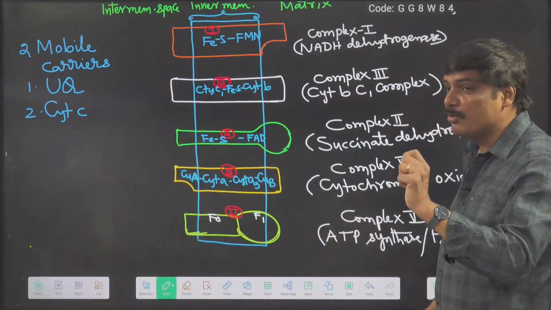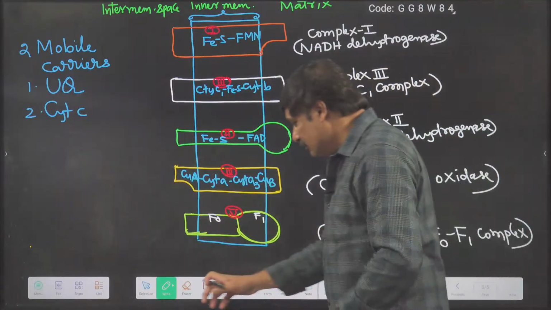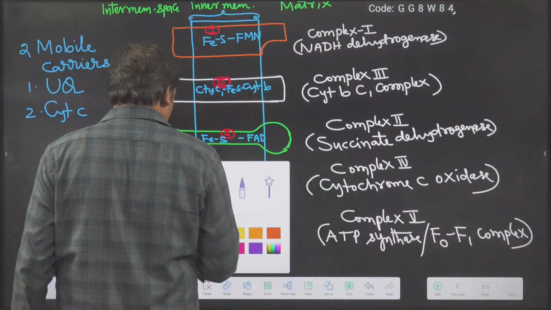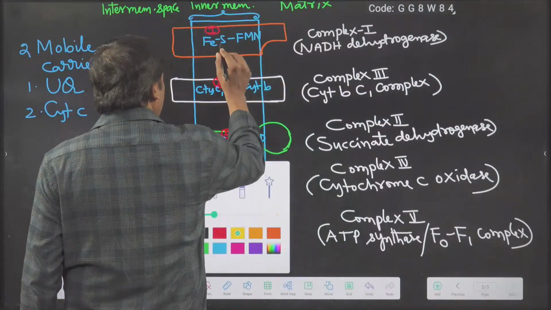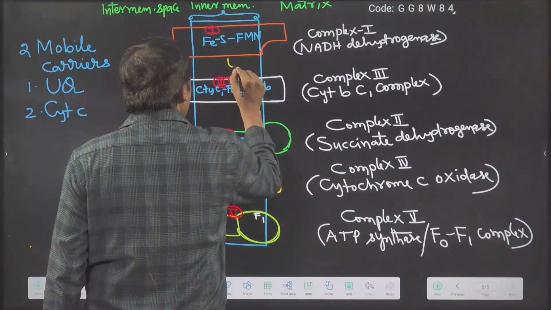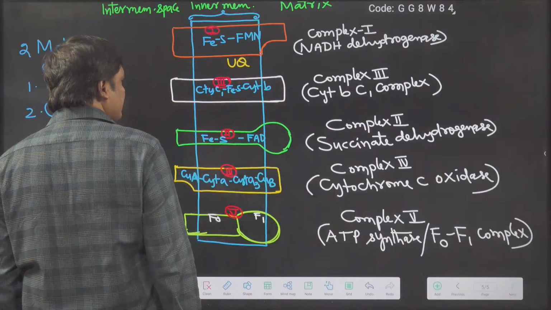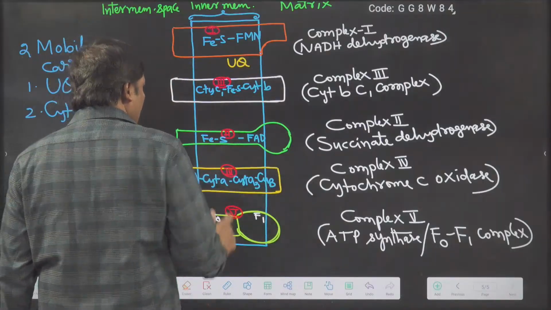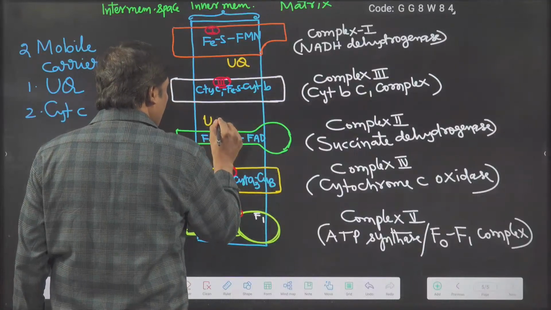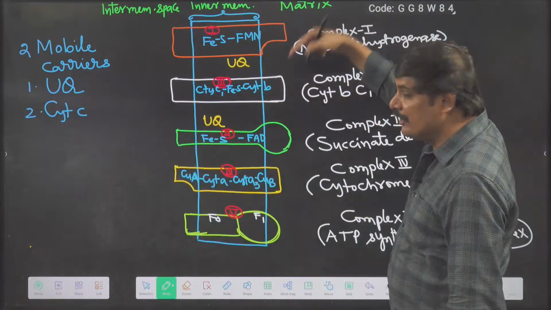Okay. Now, the locations of these mobile carriers. Between complex 1 and 3, ubiquinone is present. Understand? And also between 2 and 3, within the membrane.